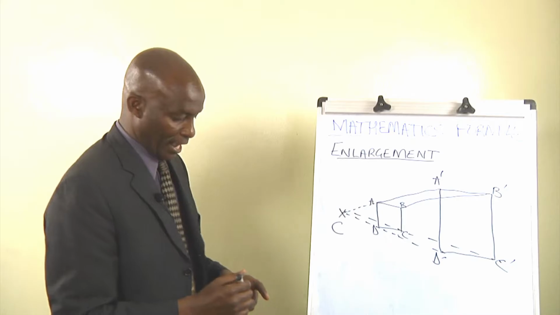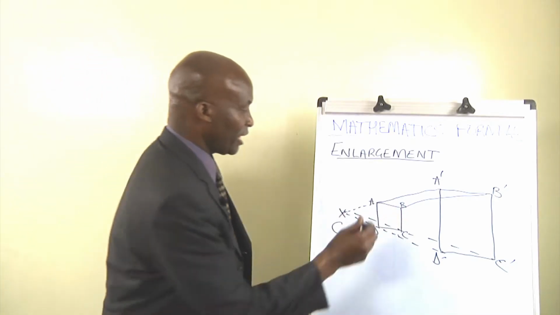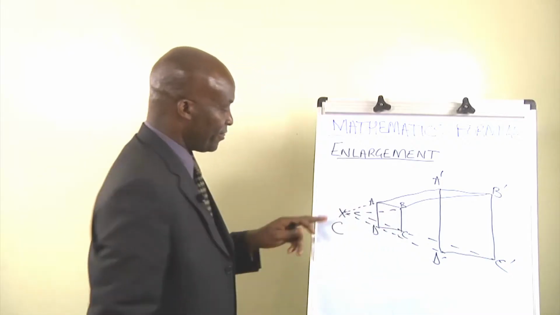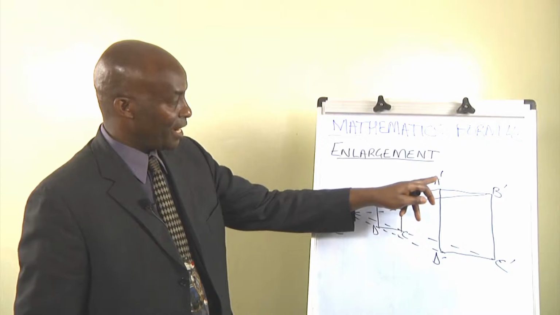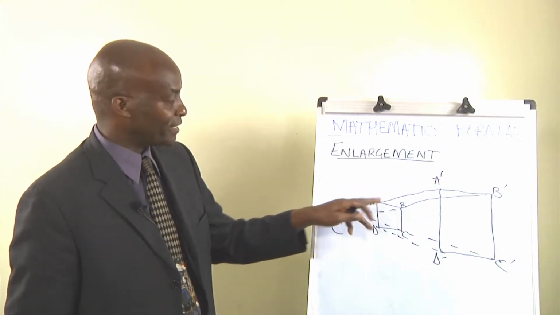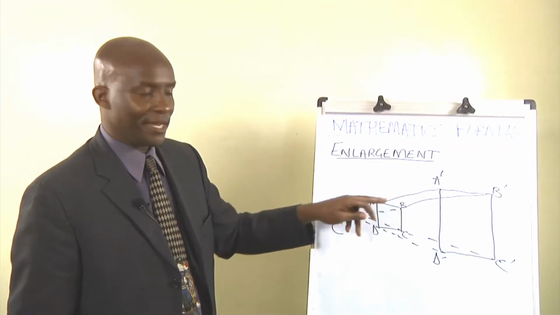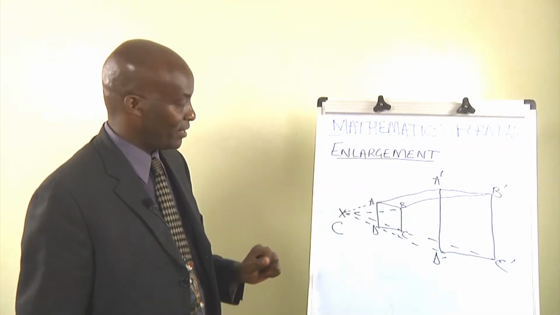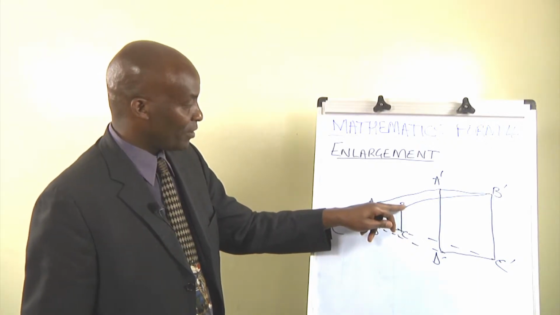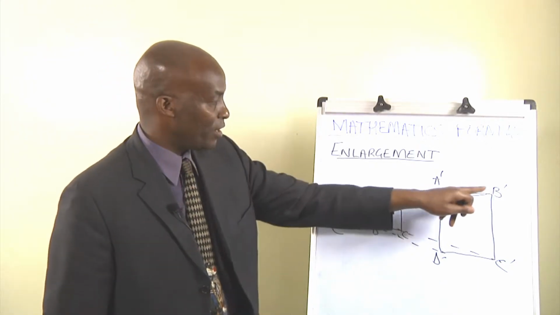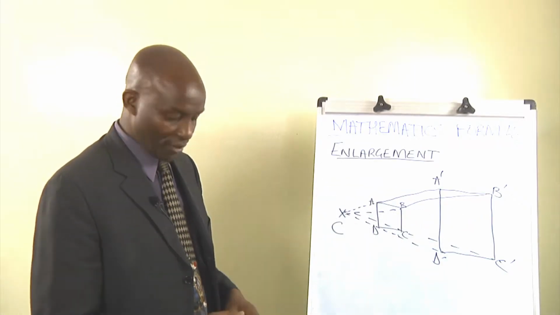Now, I hope you can see from my sketch that if you consider the center of enlargement, object point, and image point, the three of them are all in the same straight line. Take center of enlargement, the object point B, image point B prime, they are in the same straight line.